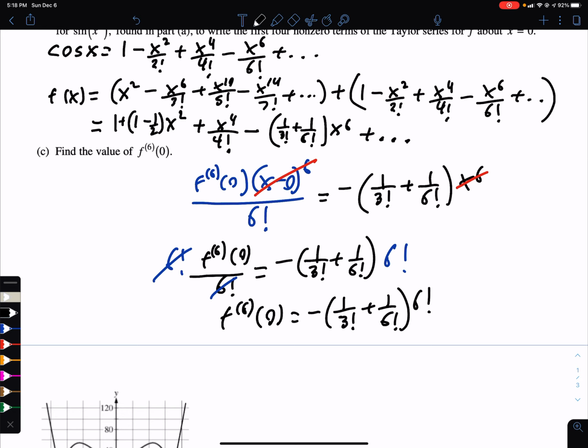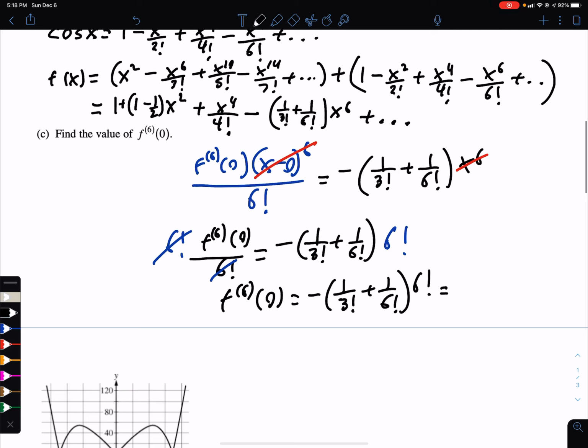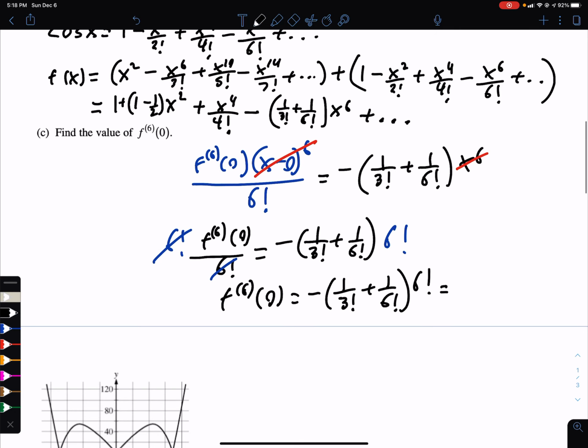If you do simplify, do you want to do it for fun? I mean, we could. Don't do this at home. Distribute that there. You're going to get negative 6 factorial over 3 factorial minus 6 factorial over 6 factorial. So that minus gets distributed and the 6 factorial gets distributed.